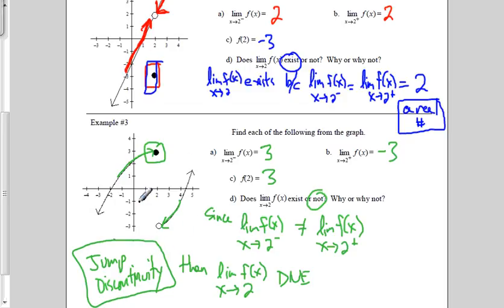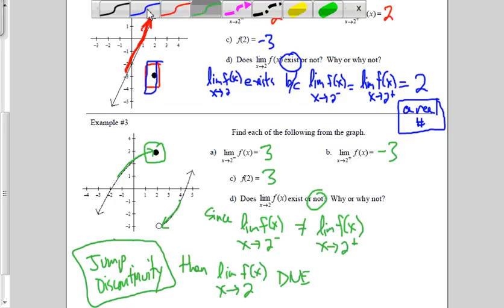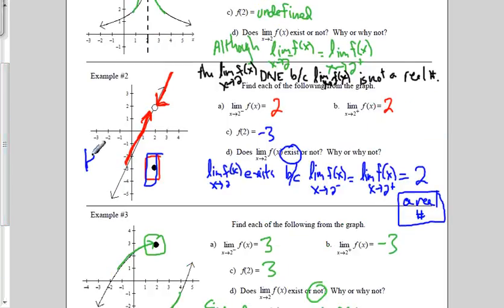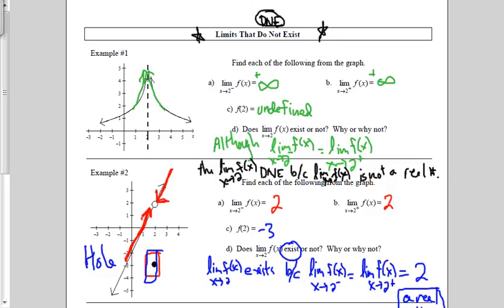Limit doesn't exist. What do we have up above it? A hole. Limit exists. What do we have up here? A vertical asymptote. Limit does not exist. All of this is based on the limit existence theorem, which says the limit from the left must equal the limit from the right, and that value must be a real number. Here, positive infinity equals positive infinity, but it's not a real number, so the limit did not exist.